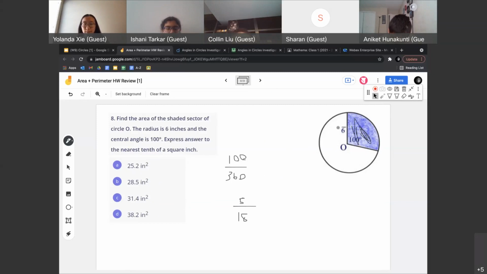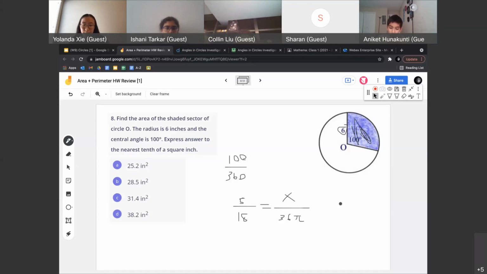So the whole circle's area is going to be 36 pi, since the radius is 6. And for this problem, you have to use pi to calculate it. So the area is 36 pi, and then we have to find what this equals. This is the area of the shaded sector.